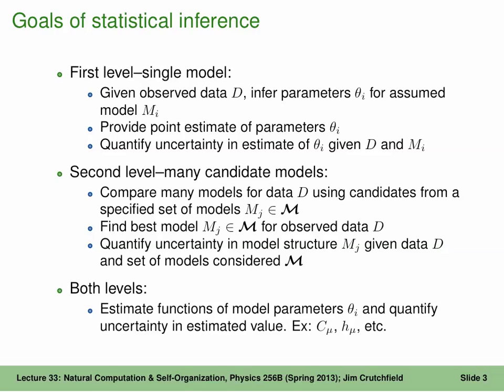And here we get this extra level of uncertainty in the model structure. So we end up with probabilities of a particular model structure given the data and the set that we've looked at. But the most likely one may only have 5% probability. Then you're very uncertain what the actual structure is. Or it could have 99.99999% probability.